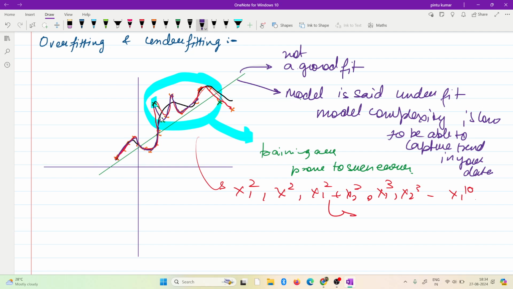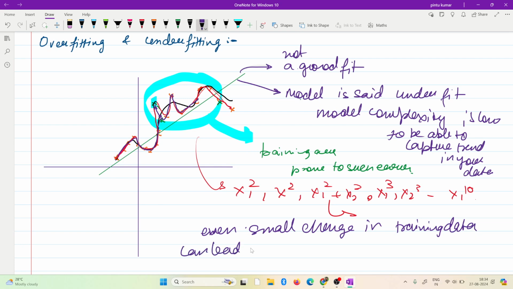See how much error I am making? So as I increase my model complexity, even small changes in training data can lead to large error on test data.